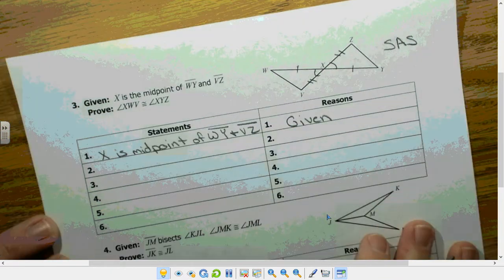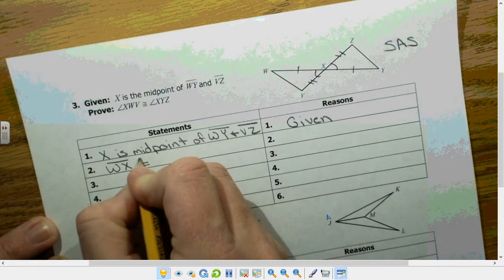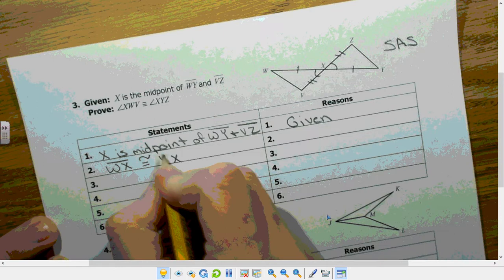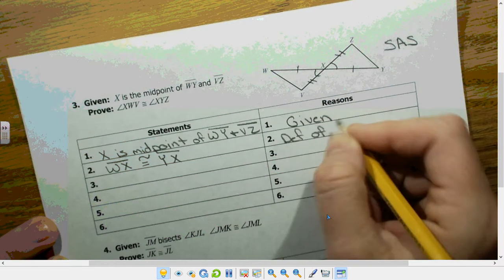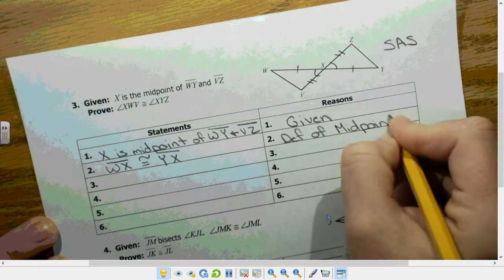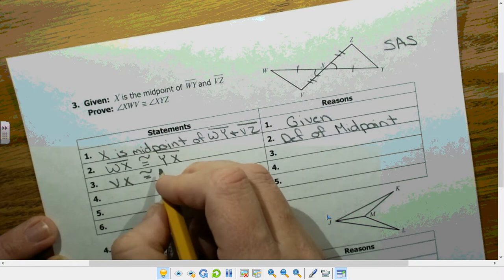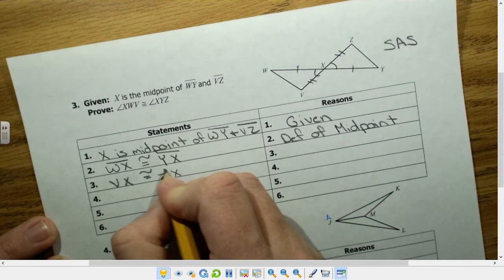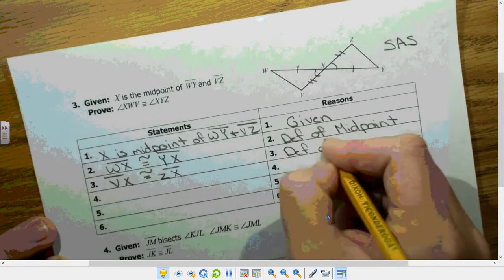Okay, secondly, we can say WX is going to be congruent to YX, and that's the definition of a midpoint. And we can say VX is going to be congruent to ZX. That's also the definition of a midpoint.